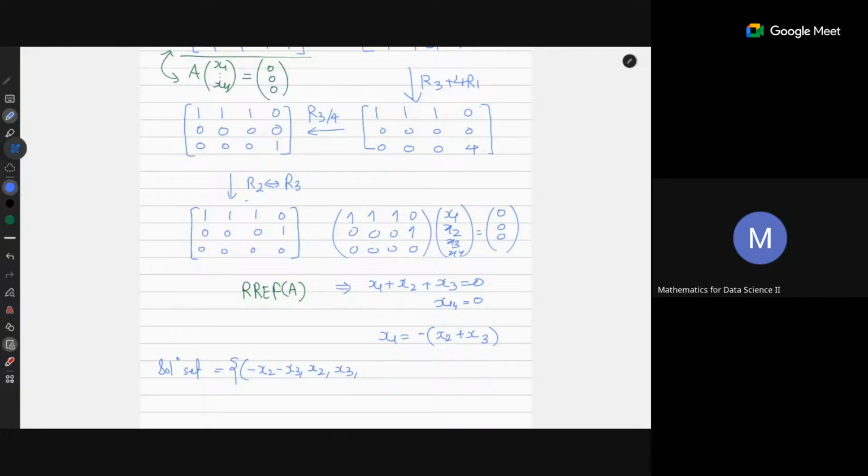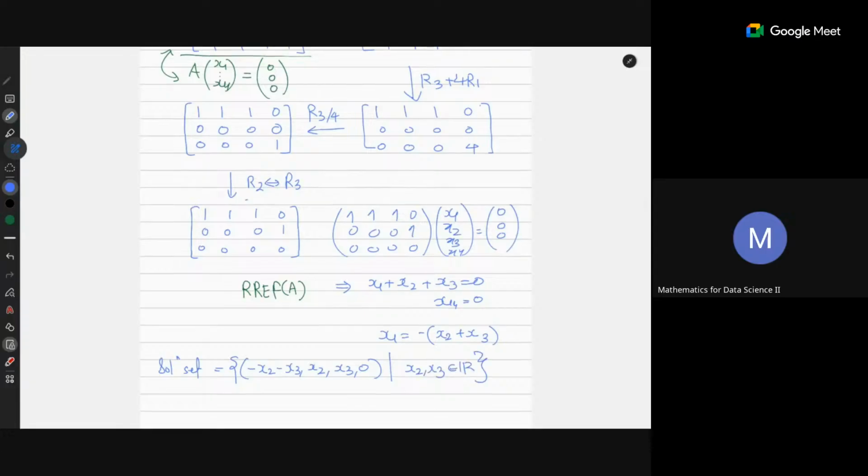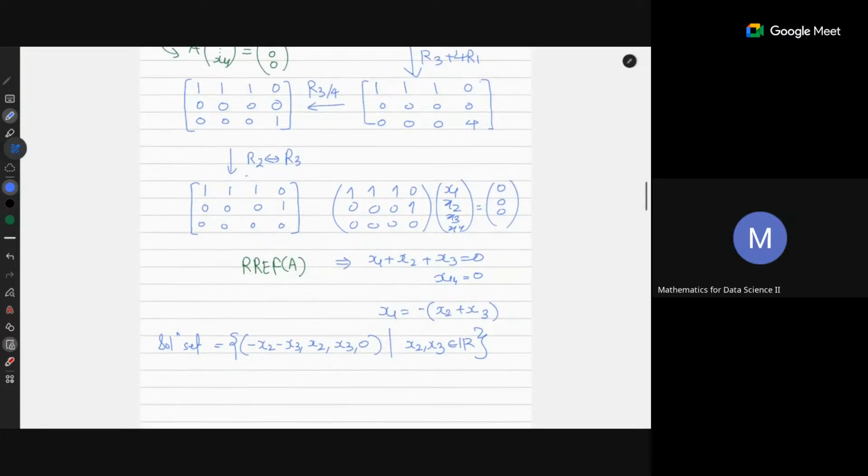What is x4? 0. Right. And now x2, x3 vary in R because they are the independent variables. So this is your solution set.